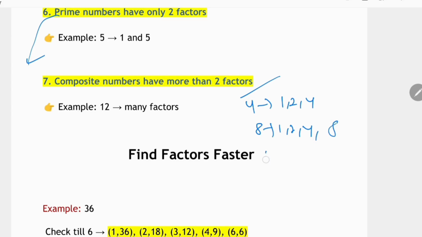The factors of 12: 1, 2, 3, 4, 6, 12. In all these cases we have more than 2 factors. These numbers are called composite numbers. We already discussed prime numbers and composite numbers in previous classes. Okay, is it clear?